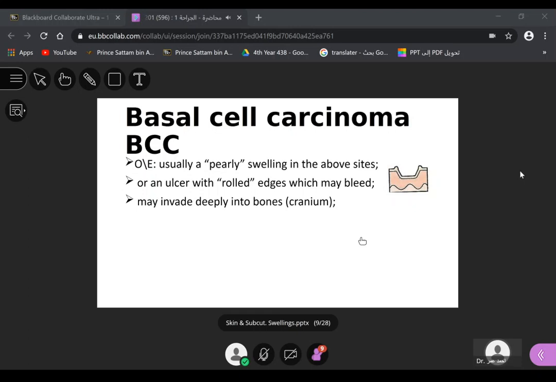So whenever the word pearly comes up in the context of skin cancer, the diagnosis is most likely basal cell carcinoma. Usually it happens in the face, as I have mentioned, and it tends to erode through the skull bones into the cranium.